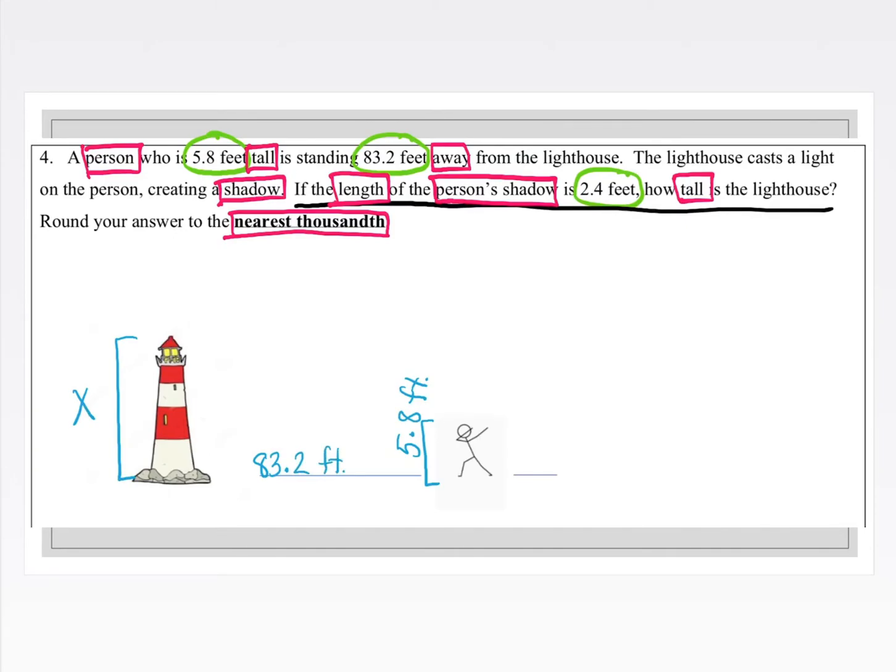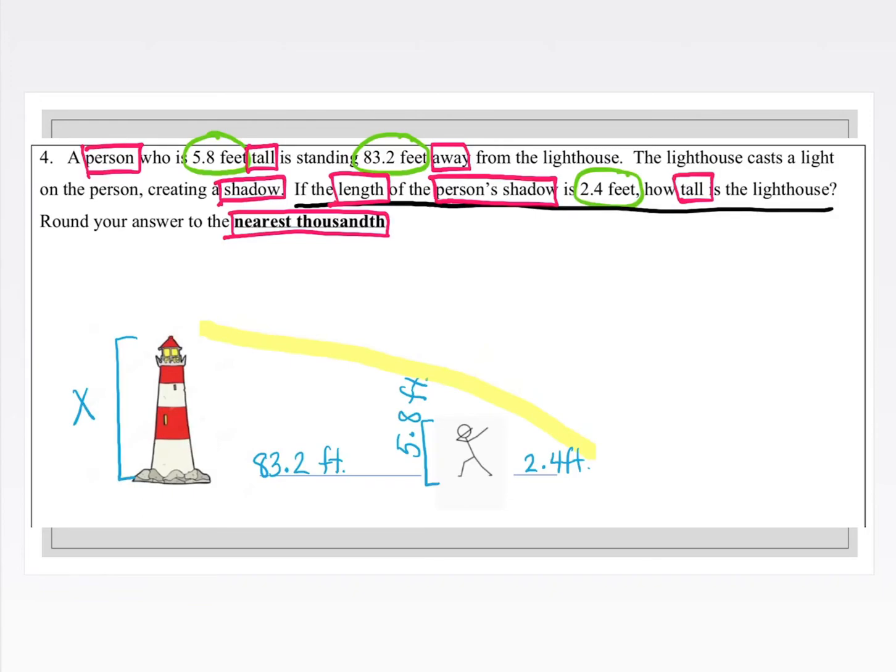We also know that the lighthouse is casting a light that's creating a shadow. So we know that the person's shadow is 2.4 feet. So right now we need to determine X. What is the height of the lighthouse?